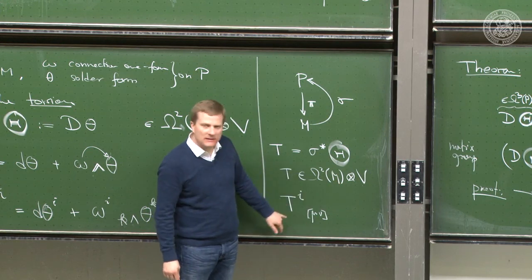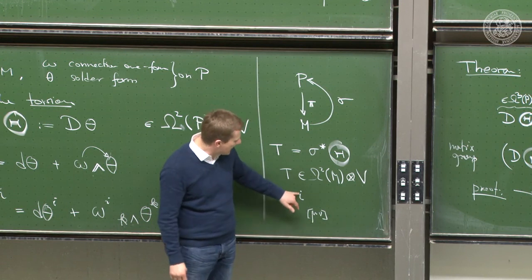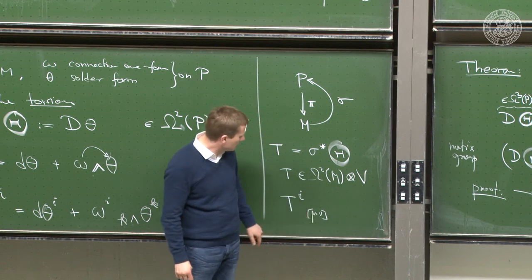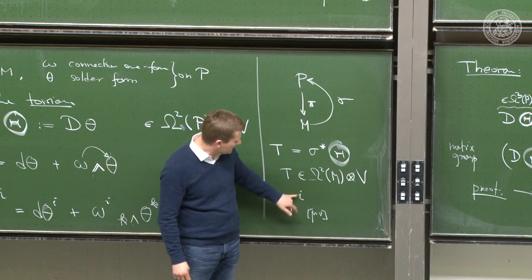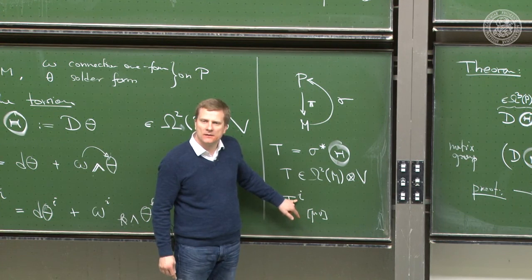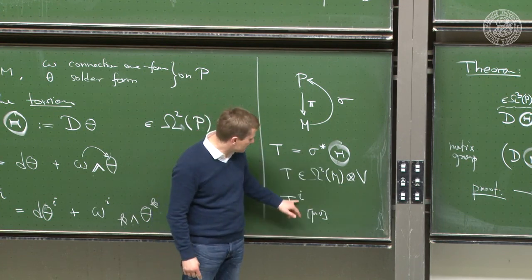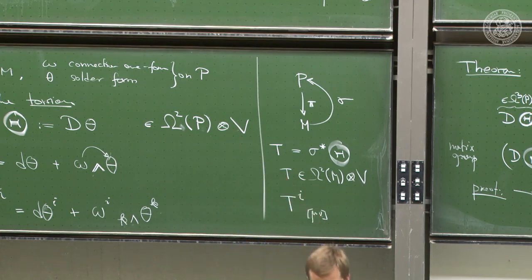So like in the Riemann tensor, we had Riem ij mu nu, so this is T i mu nu, and in order to have this single I, even if you act with a matrix group, this must be a representation space there. And you now see why you need a representation space of the same dimension as the base space is. Okay. And so this will be the main application coming from the frame bundle, but there are other applications.